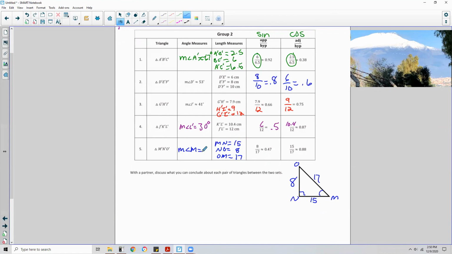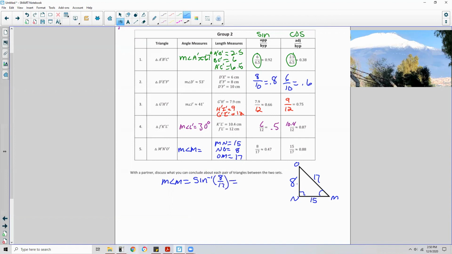Okay, all we need to know is the angle. So if it's this angle, we can do opposite over hypotenuse and take the sine inverse, or we can do adjacent over hypotenuse and do cosine inverse. I'm going to say the measure of angle M equals the sine inverse of opposite over hypotenuse.